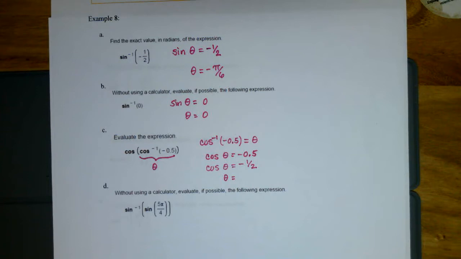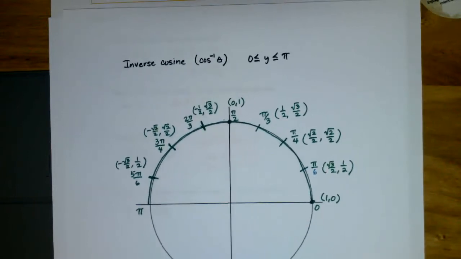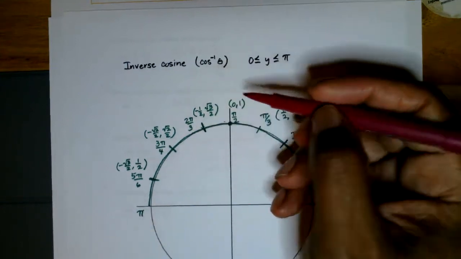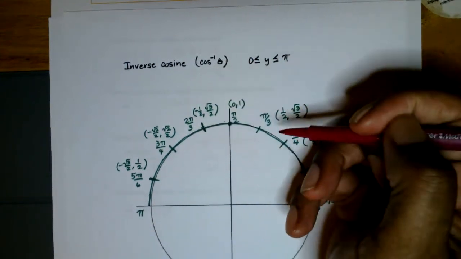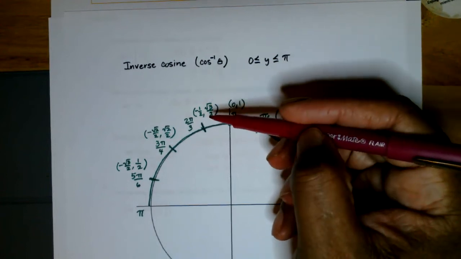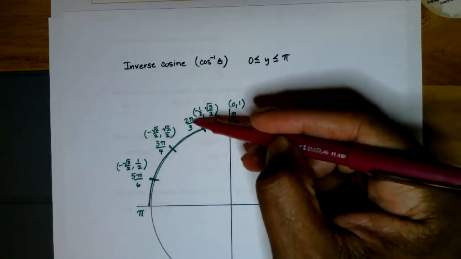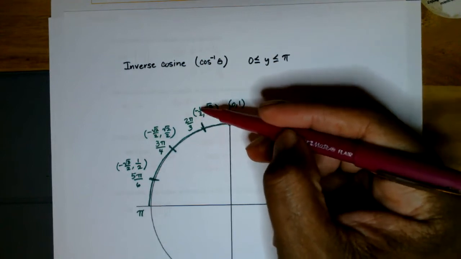All right, so let me pull out the unit circle that has the inverse cosine. And that's this right here. Now for the inverse cosine, cosine is always going to be your x coordinate on the unit circle. So I need to find the x coordinate that has negative 1/2, or the ordered pair that has negative 1/2 as the x coordinate, because x is always equal to the cosine of that angle.